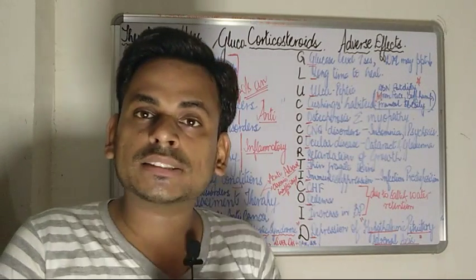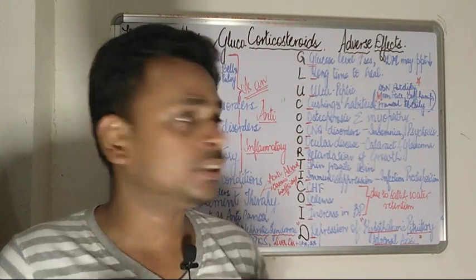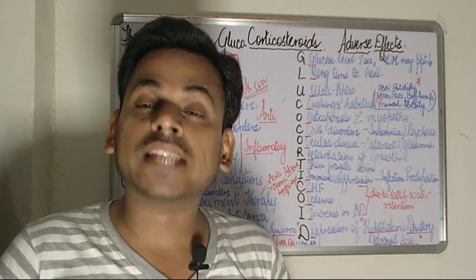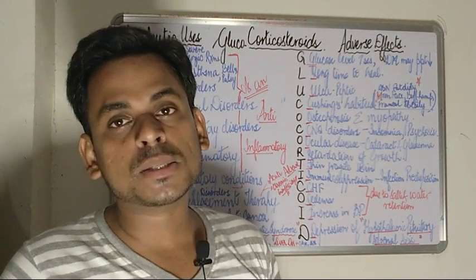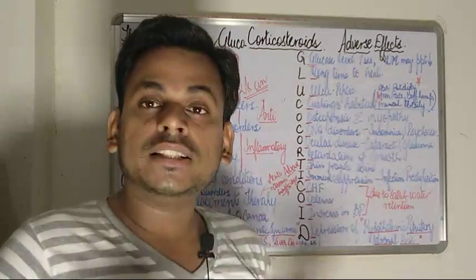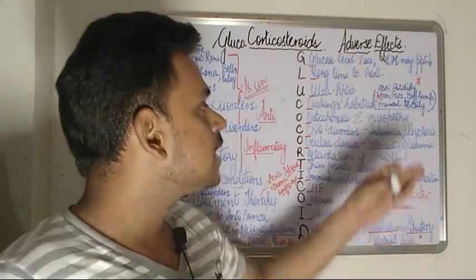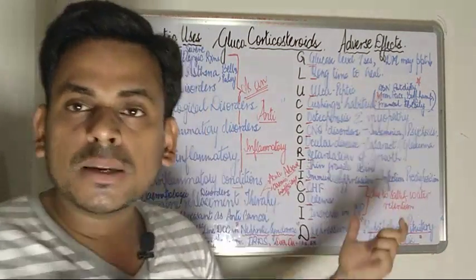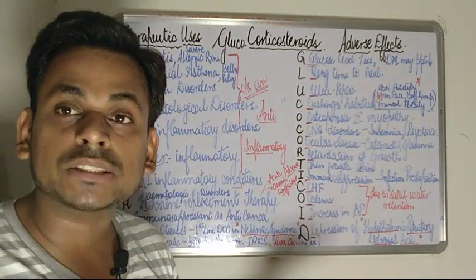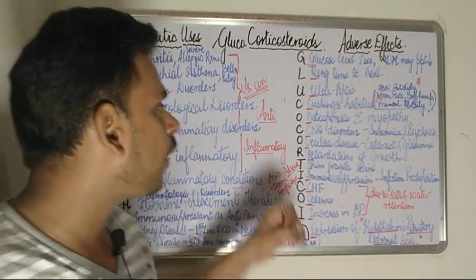Another adverse effect seen in some patients is in the form of central nervous system disorders, such as insomnia as well as psychosis. So certain patients may also exhibit signs of insomnia and psychosis.